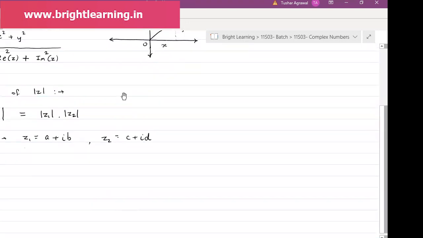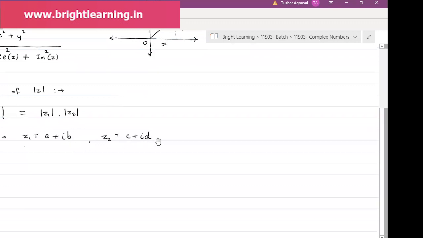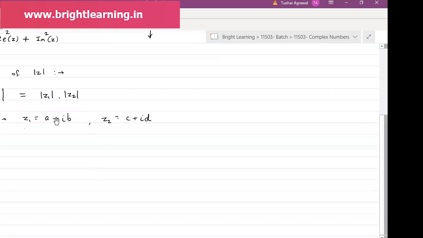So if z1 is a plus i times b, and z2 is c plus i times d, where obviously a, b, c, d are all real numbers, meaning I have written z1 and z2 in the standard form, then you can check the LHS, that is z1 z2. The real part is ac minus bd.